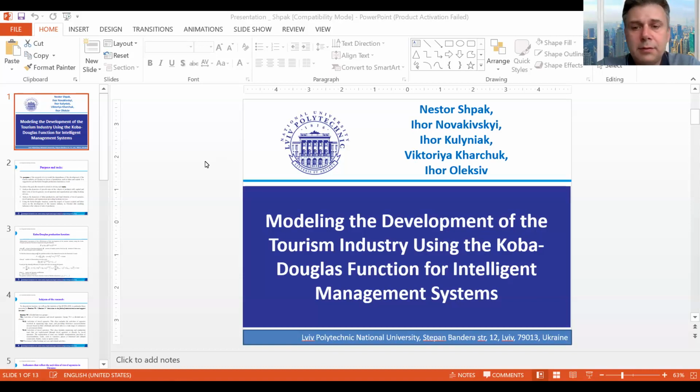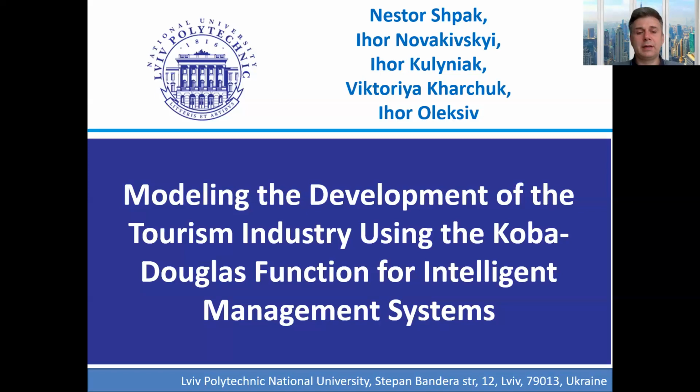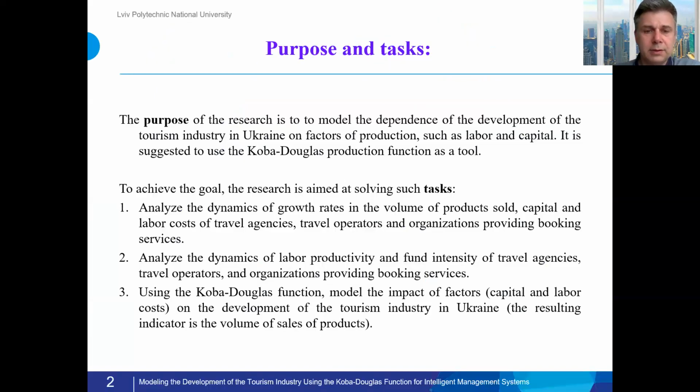And the authors of the study are Nestor Shpak, Ihor Novakivskyi, Ihor Kulyniak, Viktoriya Kharchuk, and Ihor Oleksiv. We conducted the study about the tourism industry in Ukraine, and we applied Koba-Douglas function in order to do this.